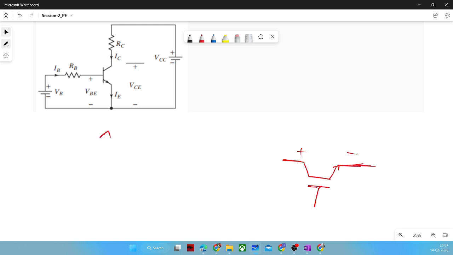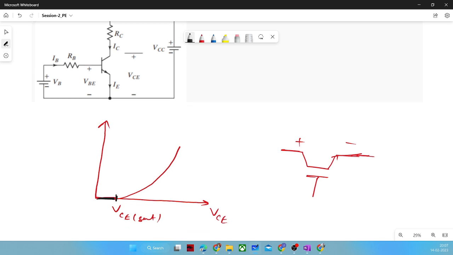It basically blocks until VCE sat, after which current starts to flow. It is able to block that much region, and that too is positive voltage. That's why it is said to have positive voltage blocking capability.